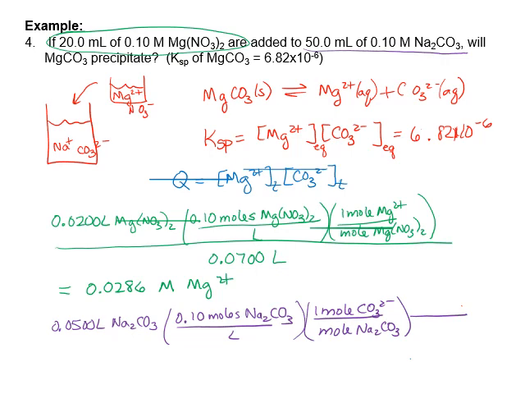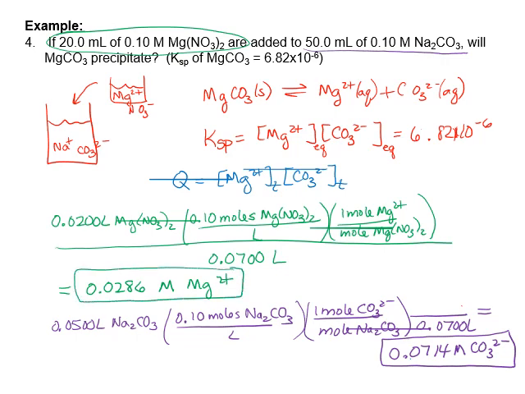And we're going to divide that by the new total volume, which is again 70 milliliters, to get a concentration of carbonate that's 0.0714 molar. So we have our concentration values of the two ions that would exist if we pour these two solutions together.